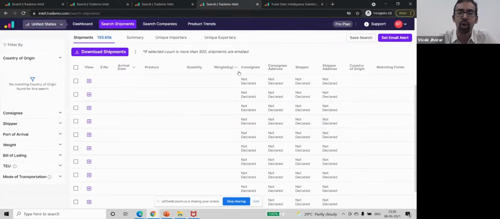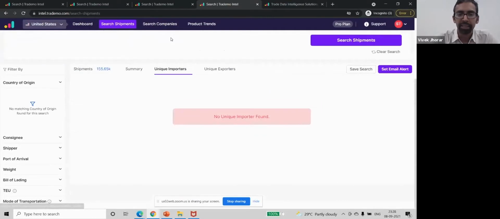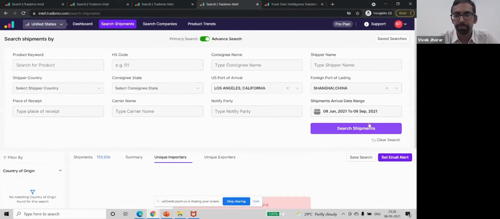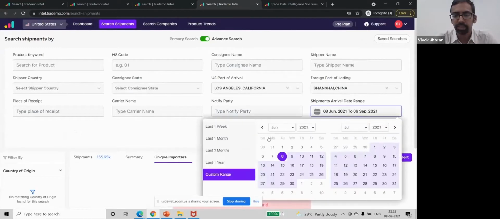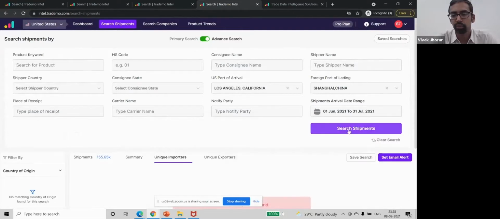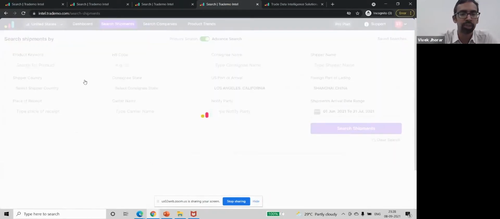What you see here as not declared is what Shalabh mentioned earlier, that you also have the option of not declaring your shipments here. But these are the shipment searches for the last 2 months on this port.